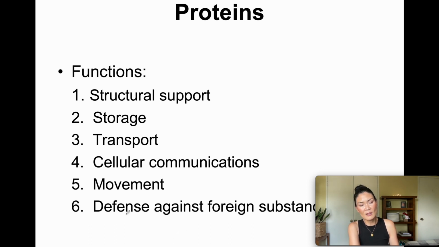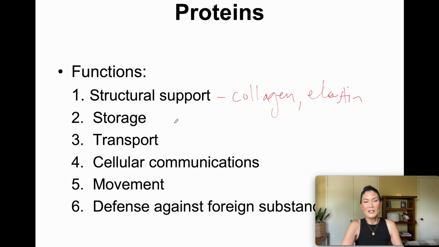Proteins do a lot. Really quickly, structural support would be like collagen and elastin, which make up your skin, giving you that youthful appearance and structure.